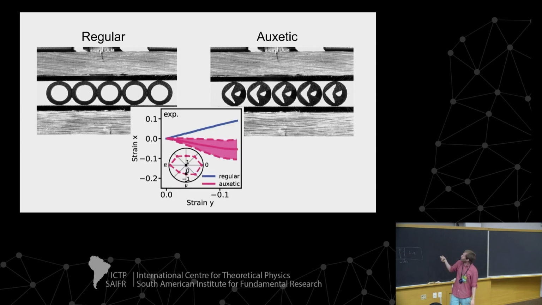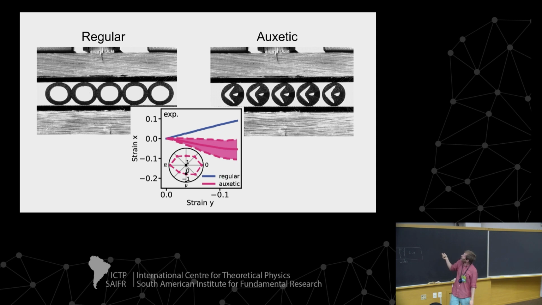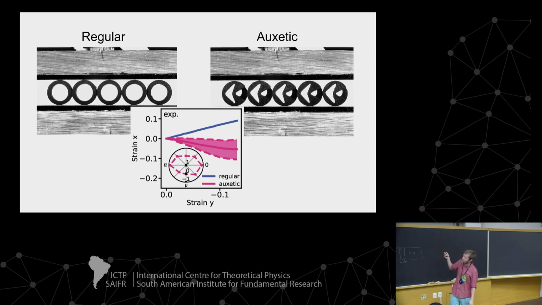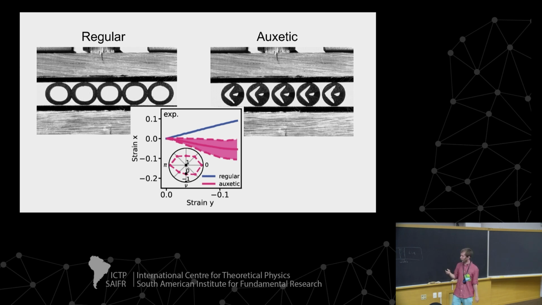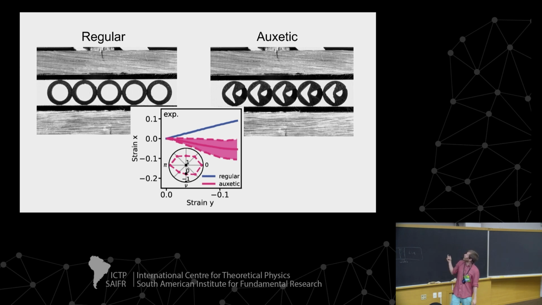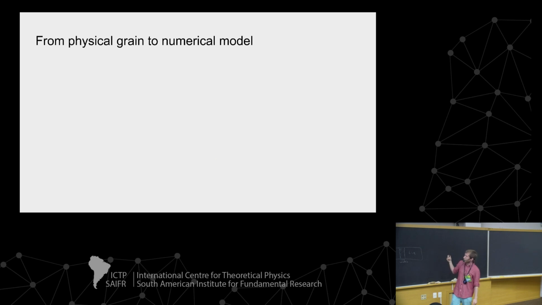Furthermore, we show that effectively these grains do behave like an auxetic if you compress them in any possible direction, because they have a small anisotropy. Now, the other question is how we make auxetic grains, but not just in the lab, but how we model them or how we perform numerical simulations with them.